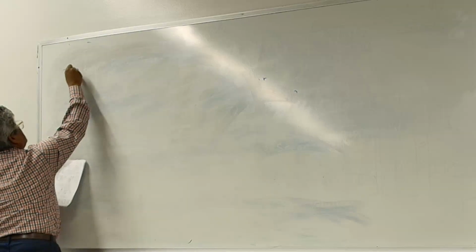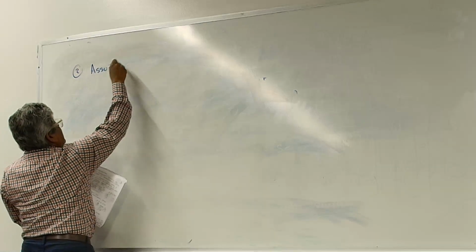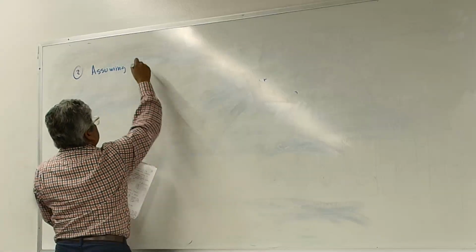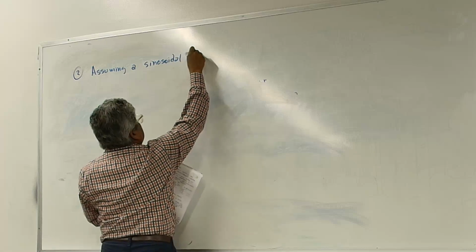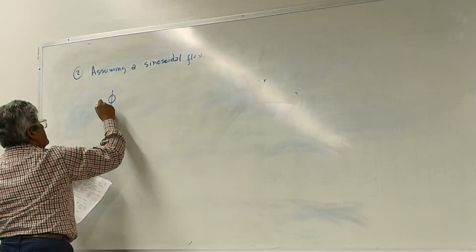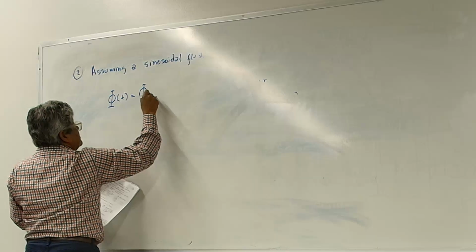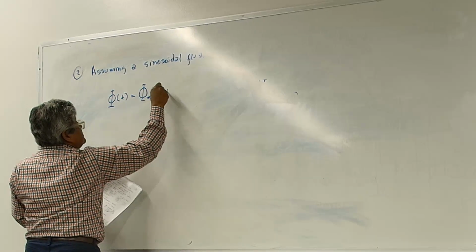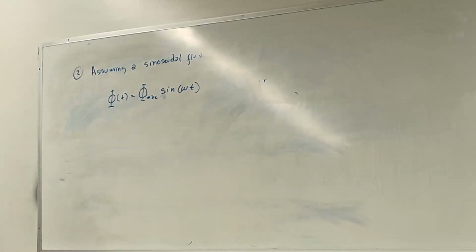So we can say that, assuming a sinusoidal flux, phi of t is equal to phi max sine omega t, right? The shape of the waveform is basically the same shape as voltage and current with respect to time, right?